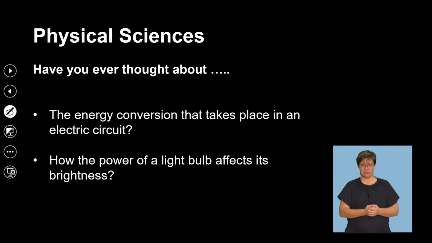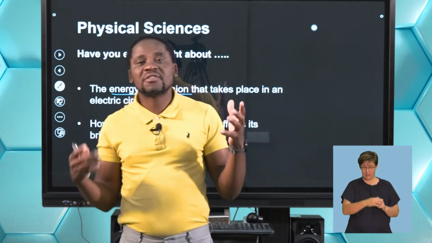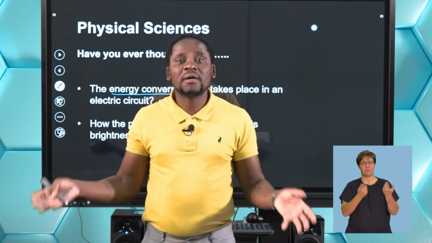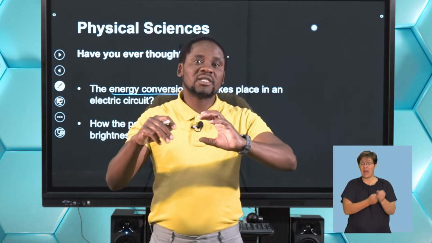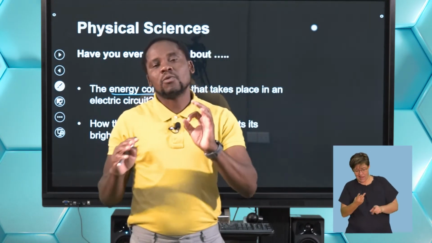Now this is the thought for the day. Have you ever thought about the energy conversion that takes place in an electric circuit? What is it that we already know? We are familiar with the fact that energy cannot be created or destroyed, but what actually happens to energy is that it's converted or transformed from one form to the other. Now, we need to be very careful.